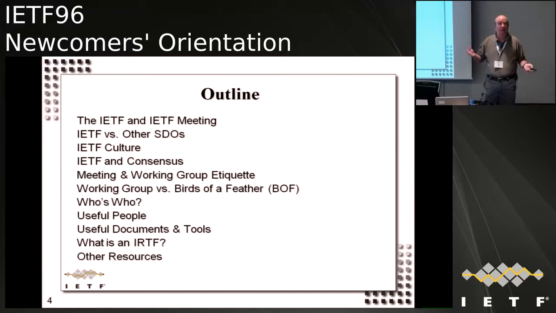And I'll tell you a little bit about what working groups and birds of a feather sessions are, point out some useful people, and decode some of the acronyms for you, and talk about documents and tools. By the time all is done, we will hopefully have given you enough information that you'll be able to work your way through the IETF meeting, at least.